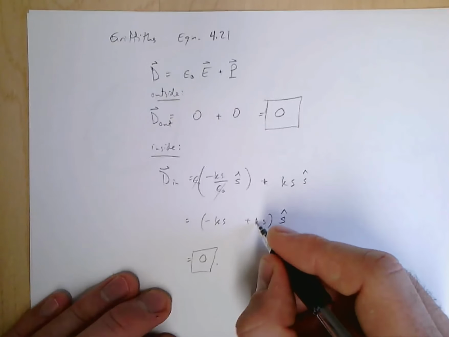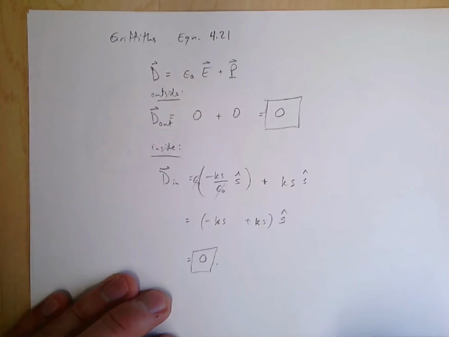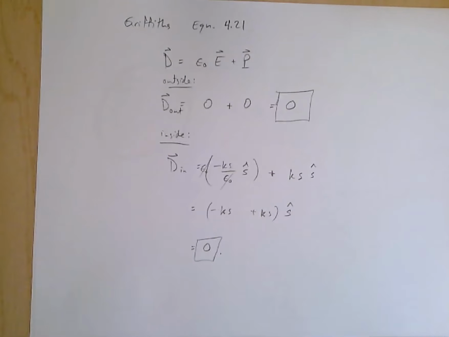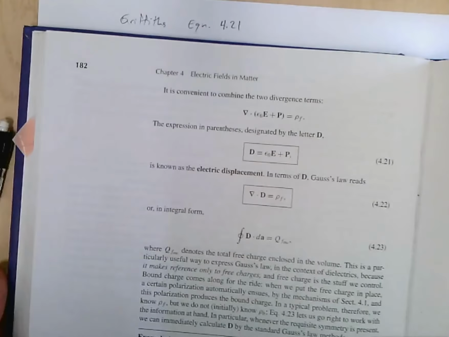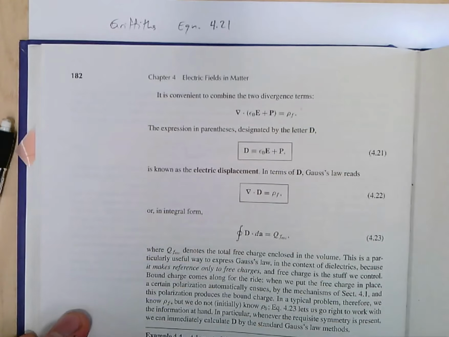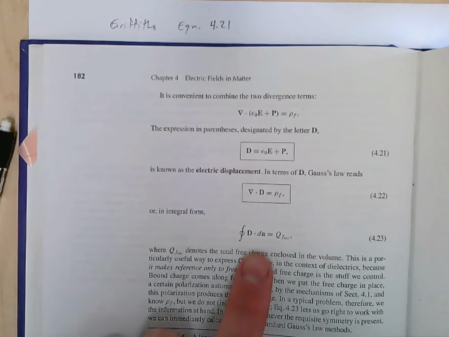So, what do we want to say here? Well, there's no D. Why is there no D? Let's look to the book for a moment, because it's going to help us make a little more sense of this result. All right, so this is where I want to look right now, this electric displacement.